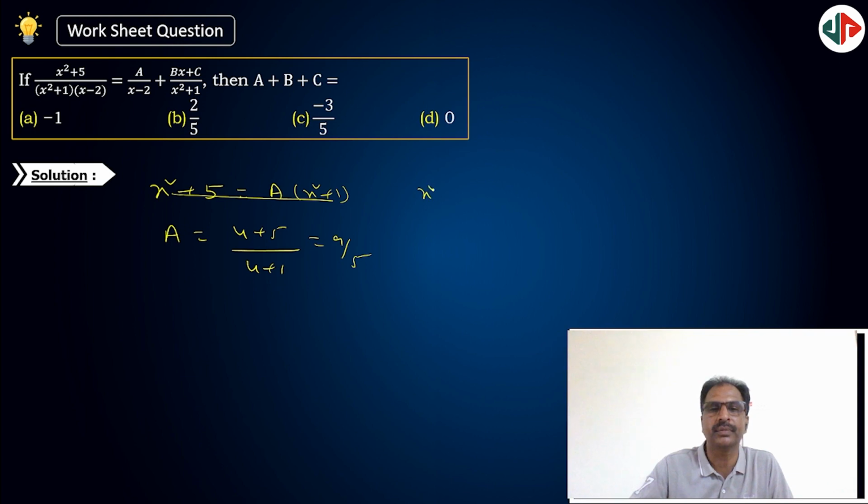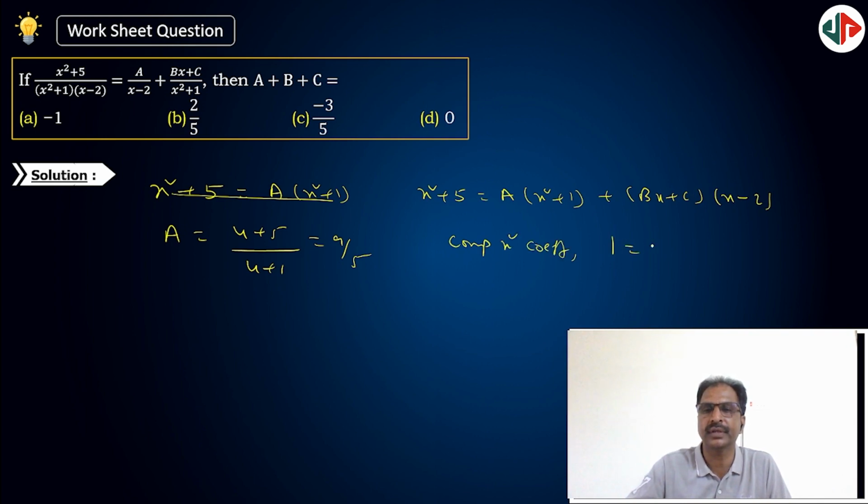Now take LCM. After taking LCM, you get like this. Comparing x square coefficients on both sides. Left hand side is 1, right hand side is ax square, a, bx square, b. So a plus b is 1.